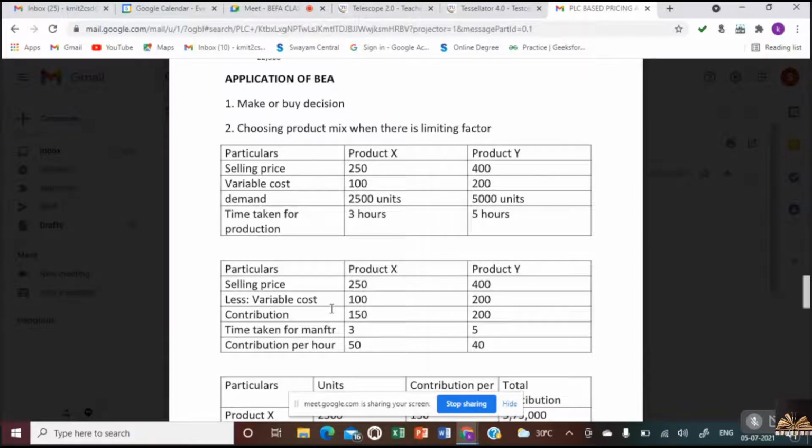Just take down the question, all of you. A machine tool factory has a plant capacity of 9,000 hours.